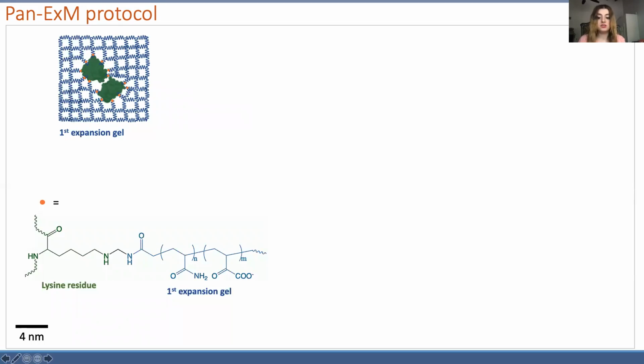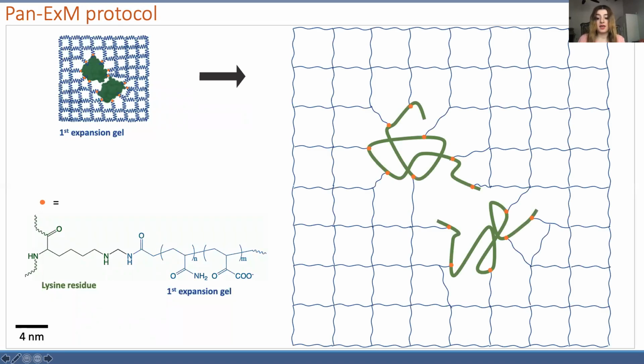After this hybridization step, the sample is delipidated and denatured and then expanded by dialysis in water. And so note that these two figures are drawn approximately to scale. And so the proteins here do get separated from each other, as well as stretched and denatured.